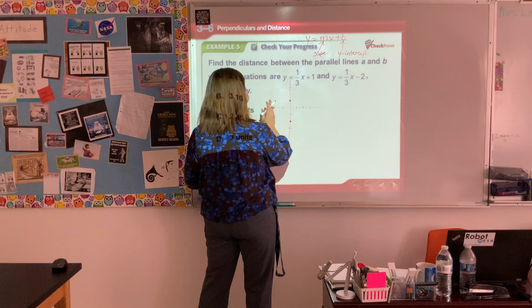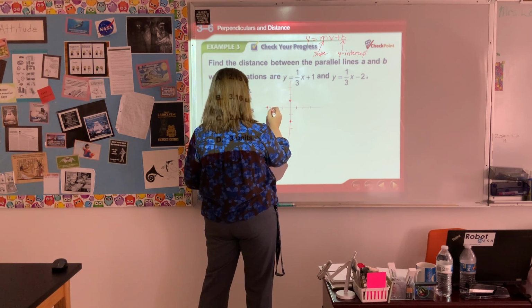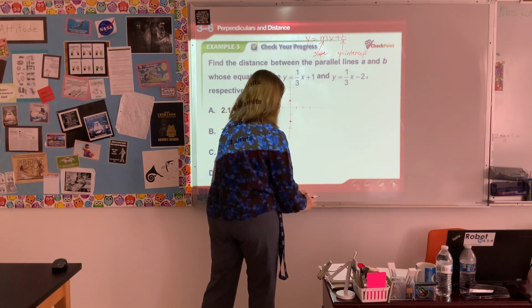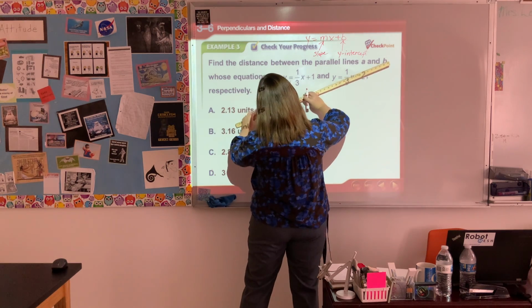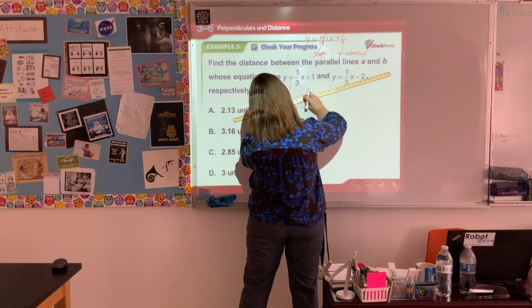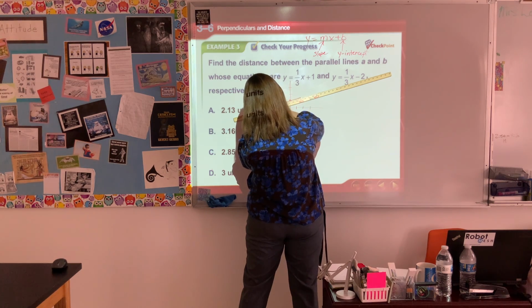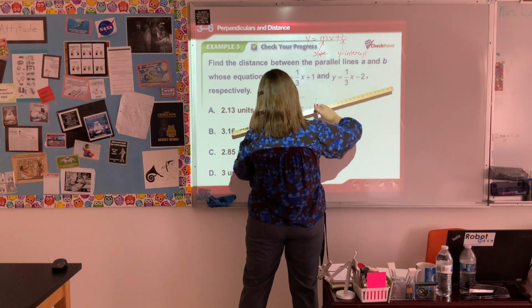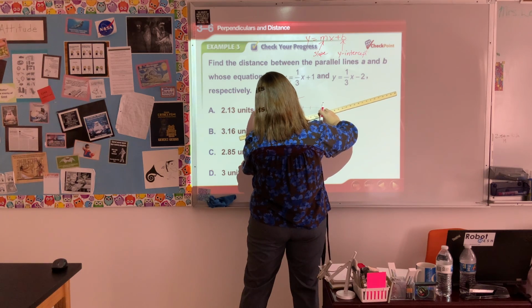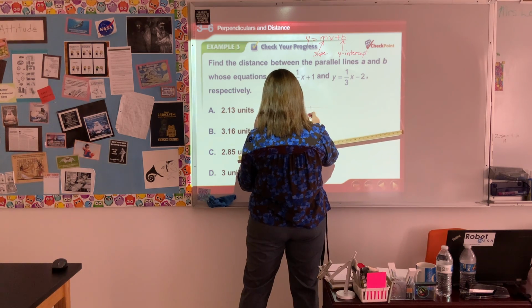So that means I go up 1 and over 3. See if I can be a little bit more exacting this time. Can't guarantee it. Okay, so we're going to have a line there, and then we're going to have another line here.